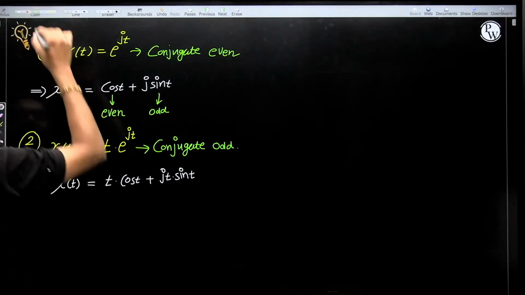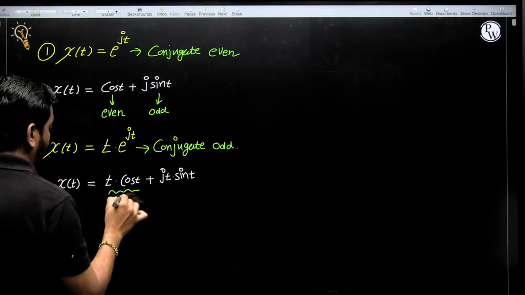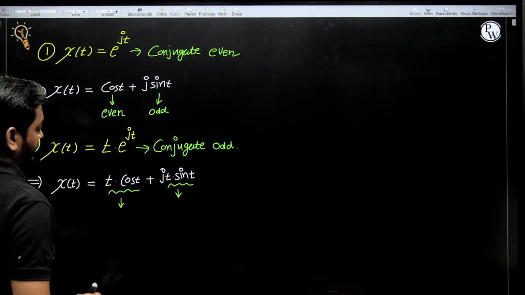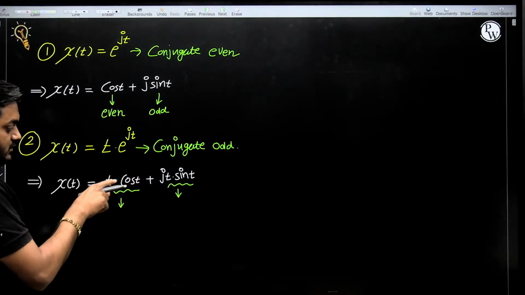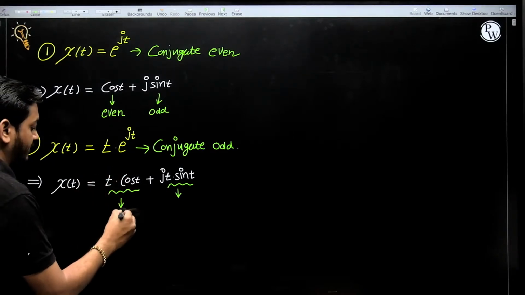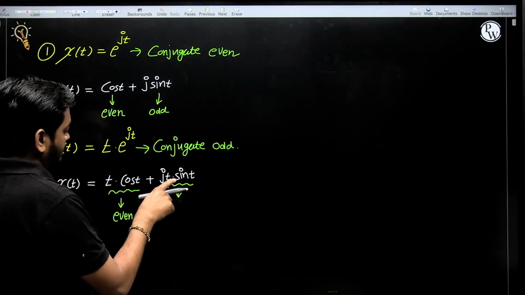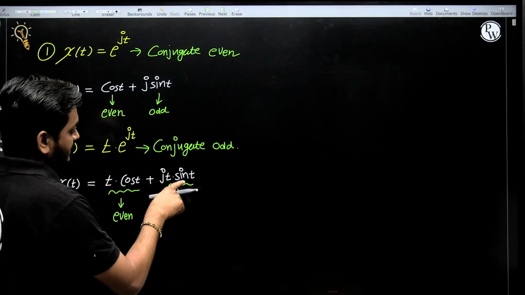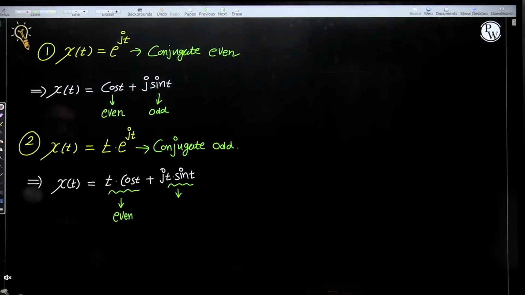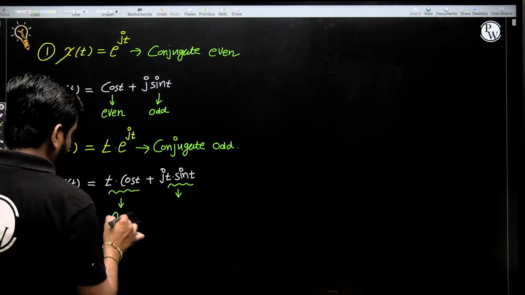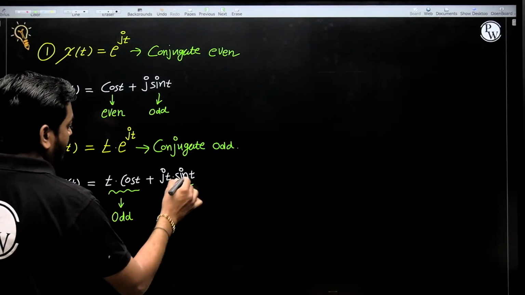Now t is an odd signal, cos t is an even signal, odd into even is odd. Also t is odd and sin t is also odd, so odd into odd is even.